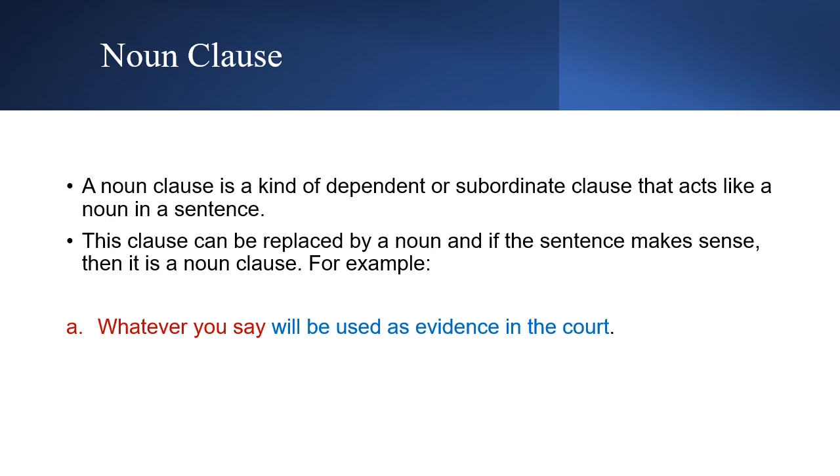For example: whatever you say will be used as evidence in the court. Now that is basically the noun clause, and the wavy line is the main clause. Okay, this is important, that's why I'm working on this a bit more. This is the main clause: will be used as evidence in the court.